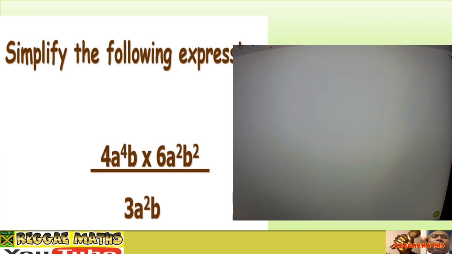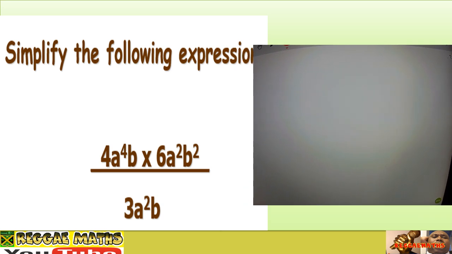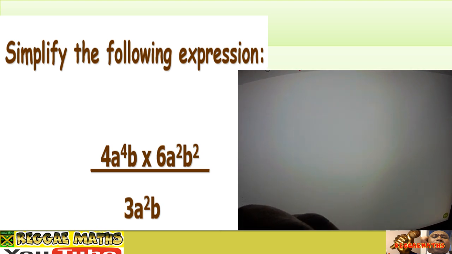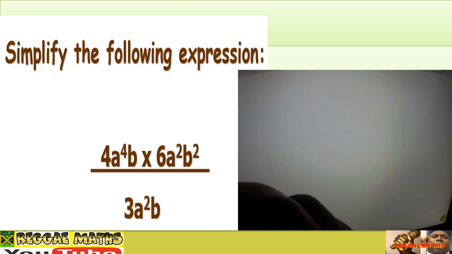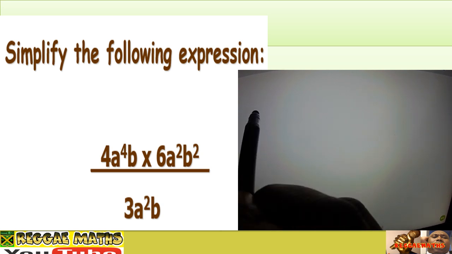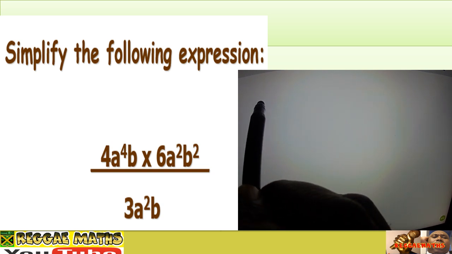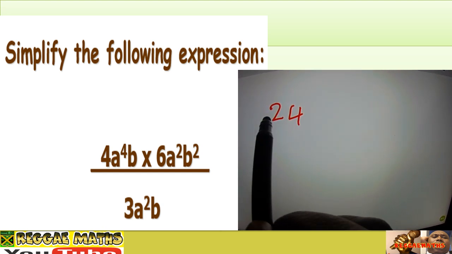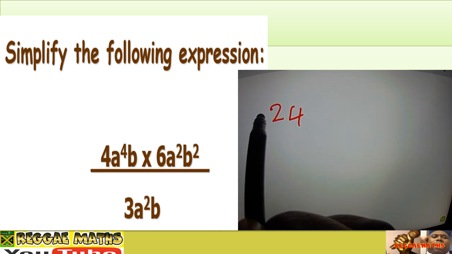Okay, simplify. Simplify the following expression. So simplifying the following expression here, we got 4 times 6. So that's 24. You also got a to the power of 4 times a to the power of 2.